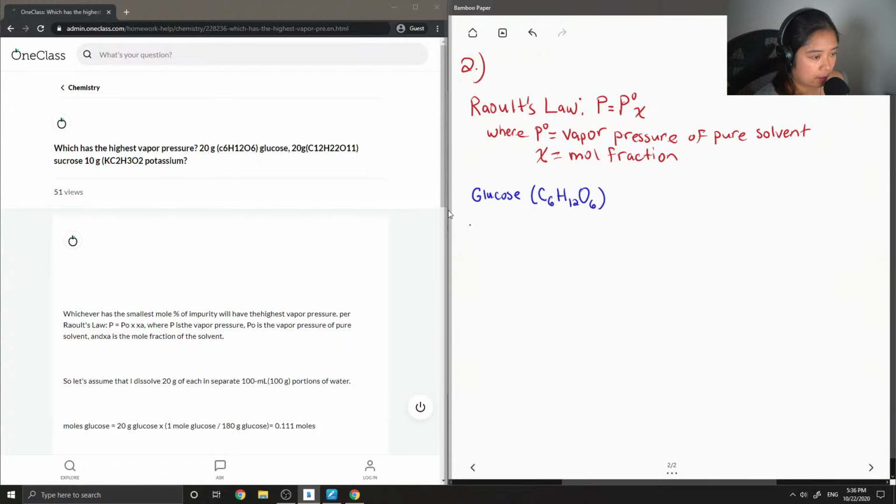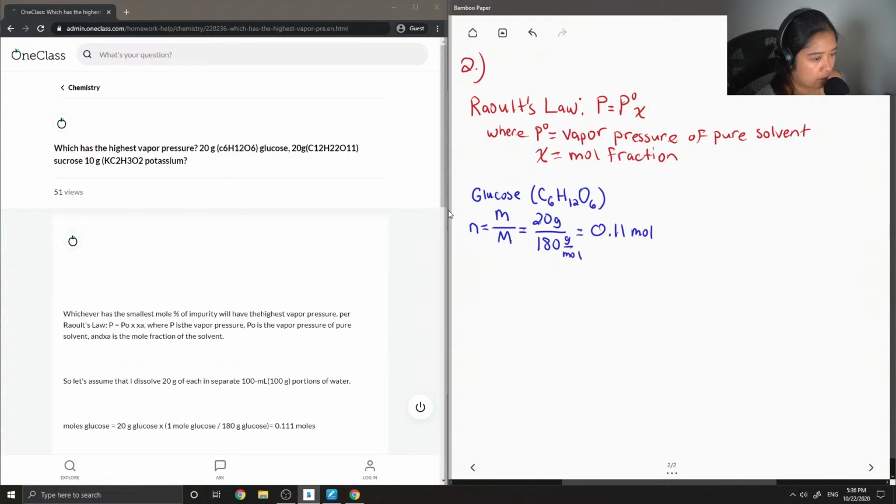To calculate the number of moles, it's going to be mass over molar mass. So since we have 20 grams of glucose, its molar mass is actually 180 grams per mole. So this gives us a value of 0.11 moles of glucose.